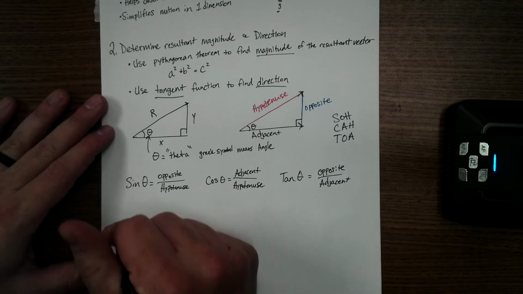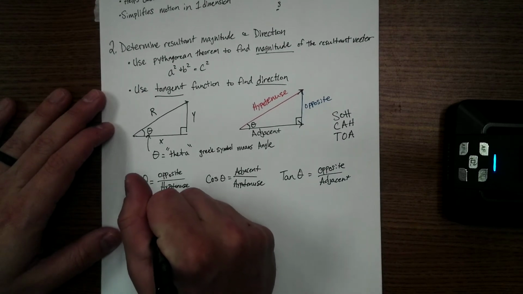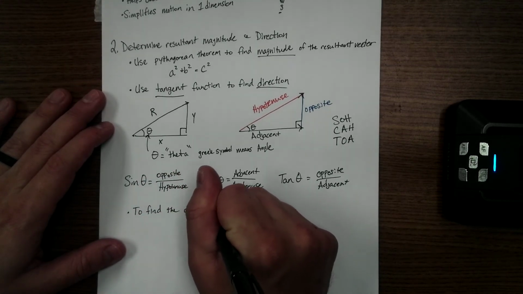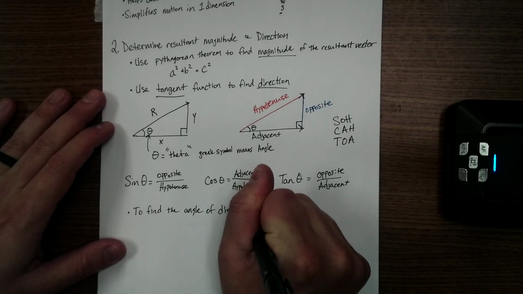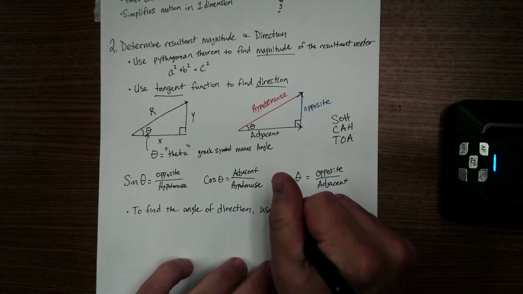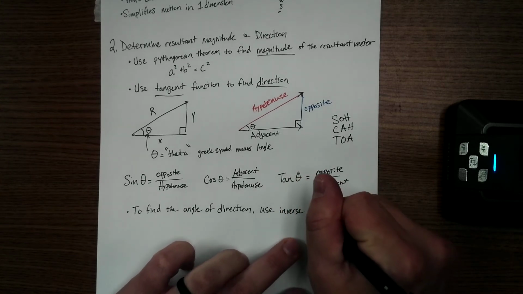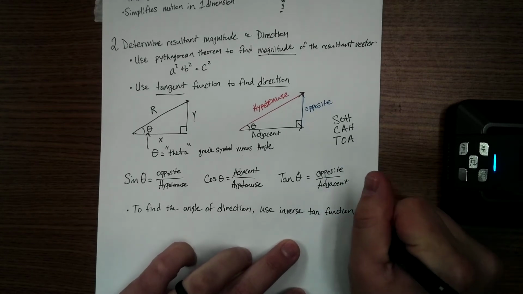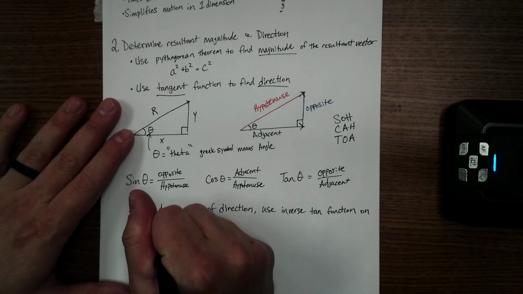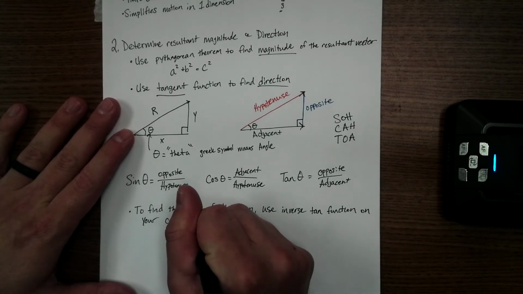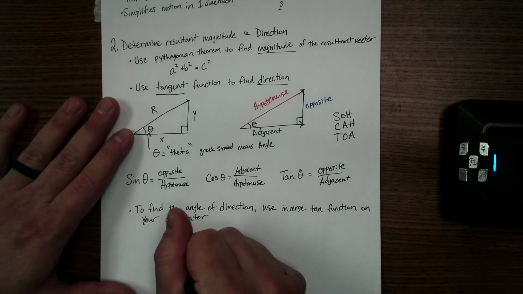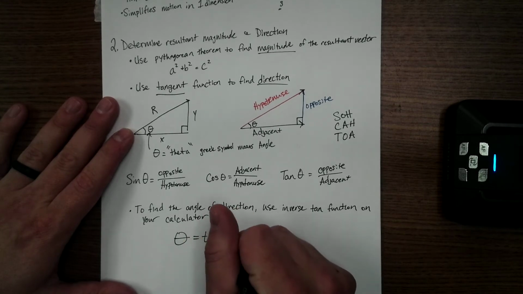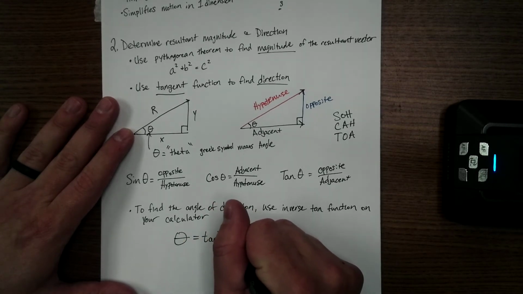All right, so to find this angle, to find the angle of direction, use the inverse tan function on your calculator. Okay, so this theta is equal to tan to the minus 1, the opposite over the adjacent.